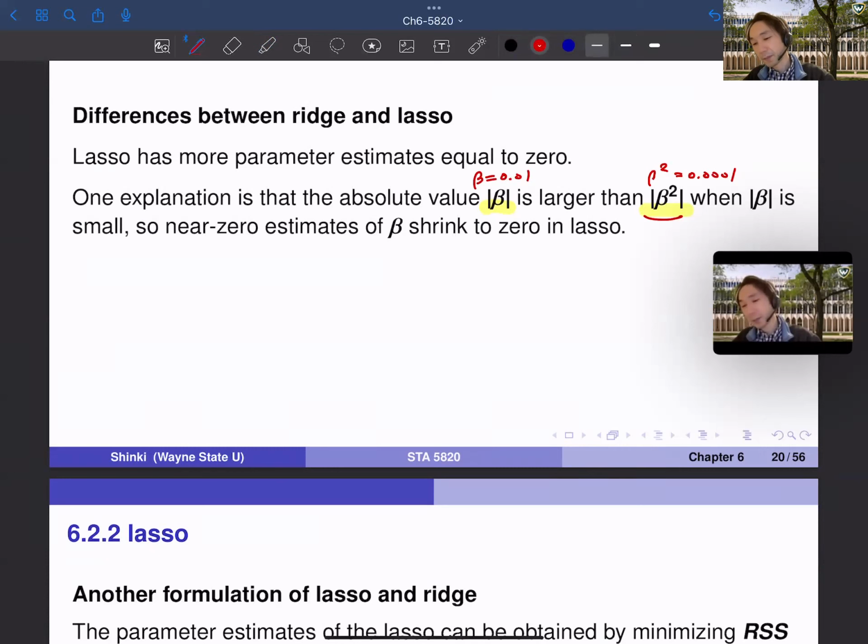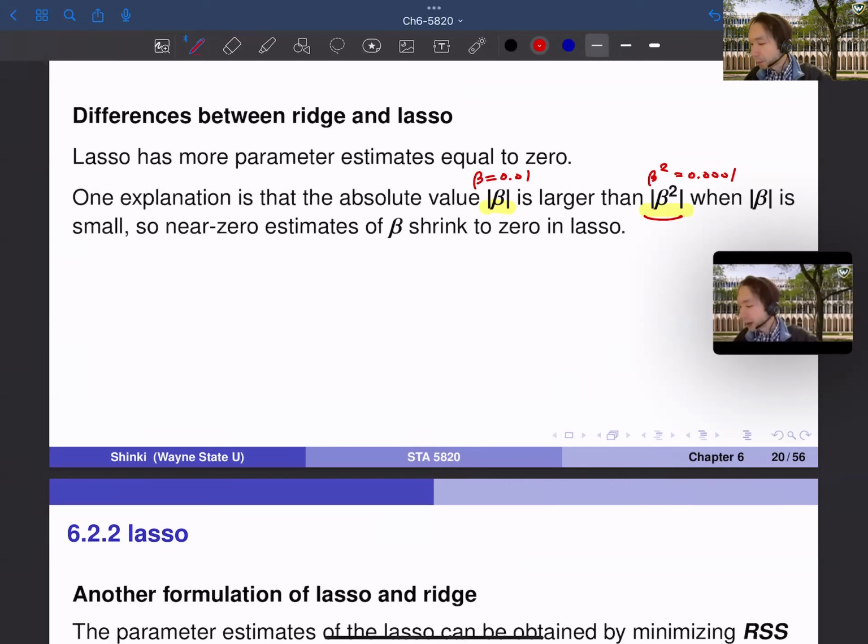I think as long as the usual least squares gives non-zero beta, then ridge regression also gives non-zero beta, unless lambda is equal to infinity, in which case every beta is equal to 0. But except for that, a non-zero beta remains non-zero.